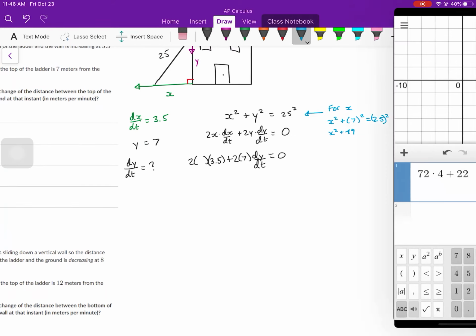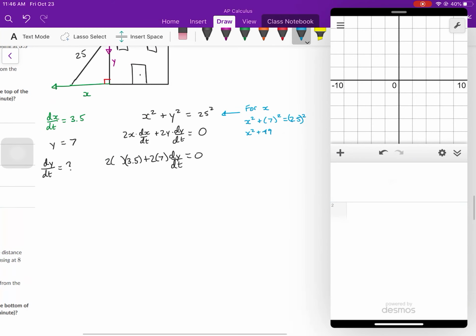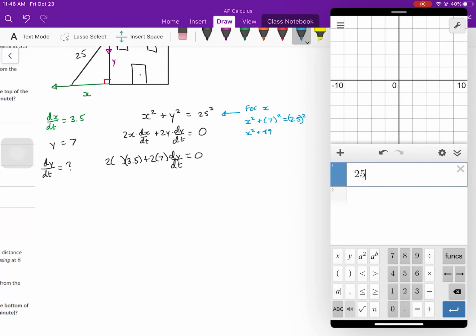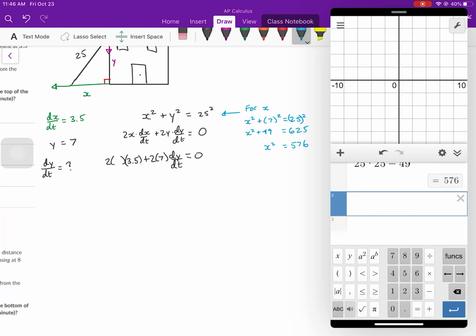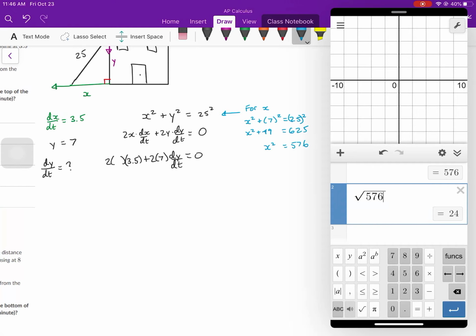And then we're going to subtract the 49. Square root that. Let's hope it works out. And it does.